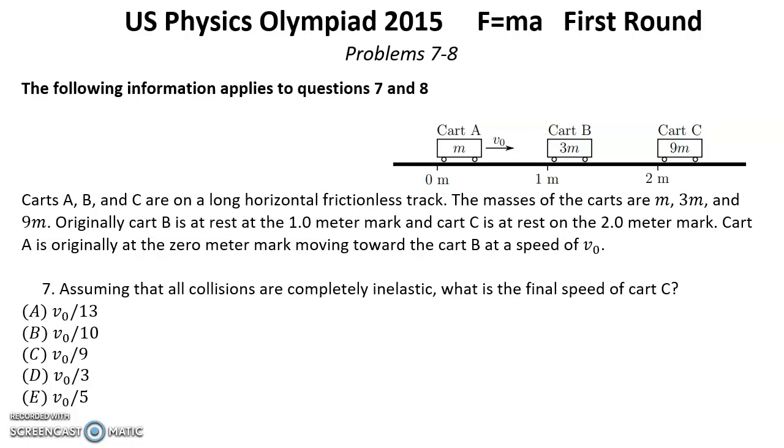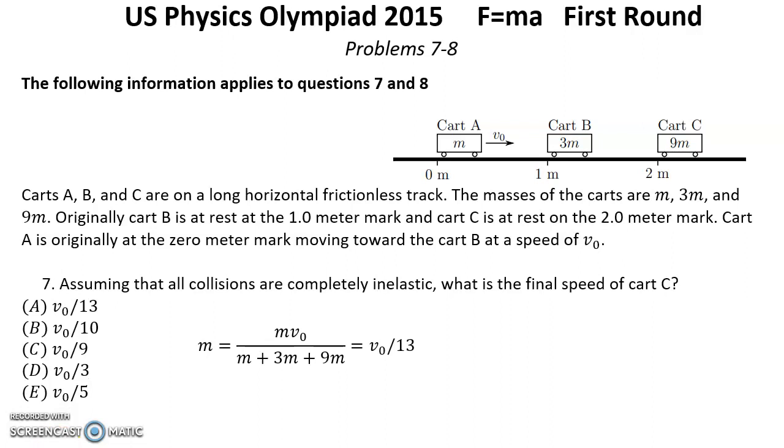And we can find this velocity from this formula. The velocity of the third cart will be total momentum m v0 divided by total mass, which is 13m. And the answer is v0 over 13, which is A.